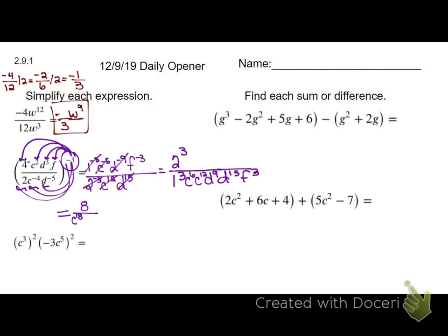Then we have D to the 24, and then F to the 3rd. There we go. That's a lot. Where did you get 24? We got 24 by taking 9 plus 15.